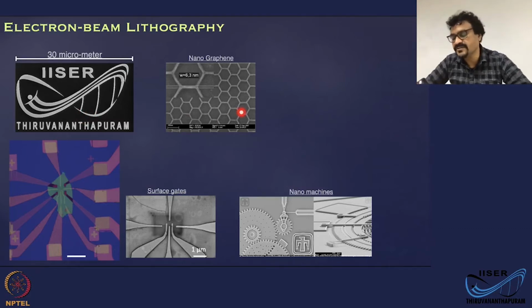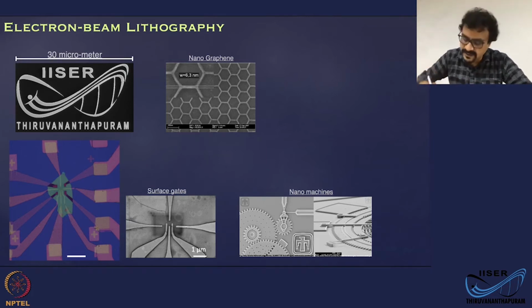And this we have already seen. This is also done by electron beam lithography, and the smallest feature size is 6 to 7 nanometers. The picture here shows an image which is done with a combination of electron beam and photolithography.